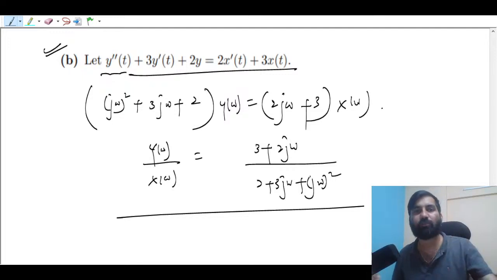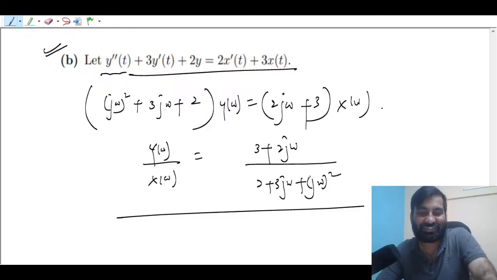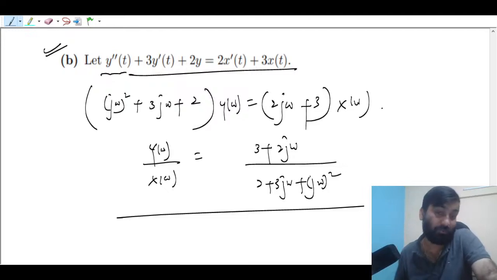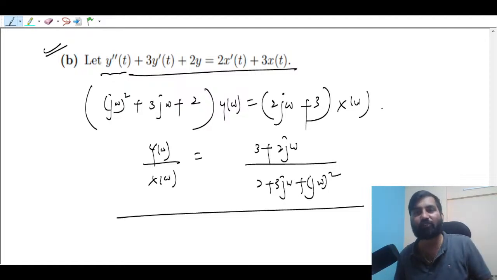So this is one form. Please remember this. They might give you the impulse response directly and you have to find the Fourier transform of it, or they might give you the differential equation.